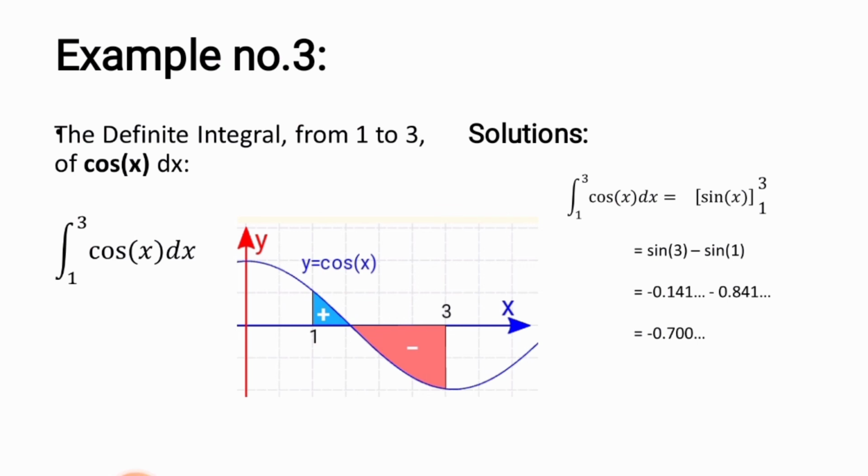So there is more negative than positive, right? With a net result of negative 0.700. We have this important thing to remember: the integral of f of x dx is equal to the area above the x-axis minus the area below the x-axis.